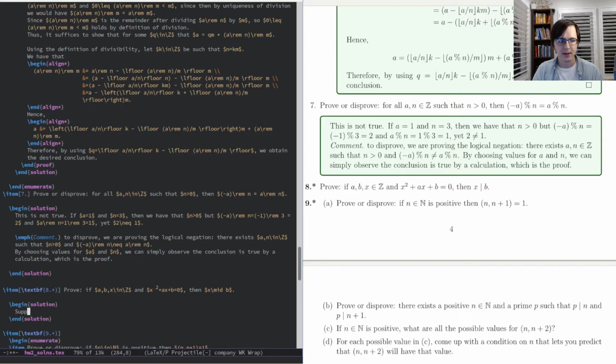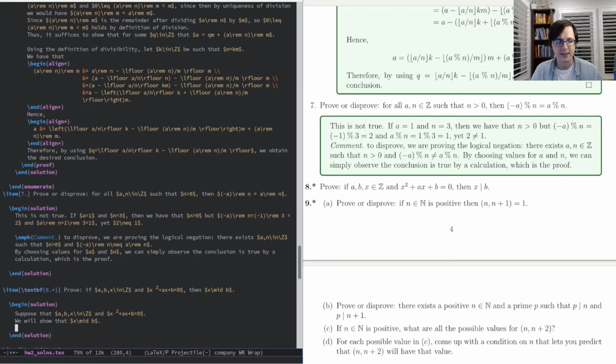Okay, so let's suppose that a, b, and x are in the integers, and we're assuming that x is a root of this polynomial. So we want to show that x divides b. One thing to note is we can solve for b in that equation.